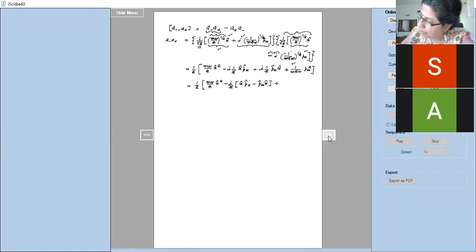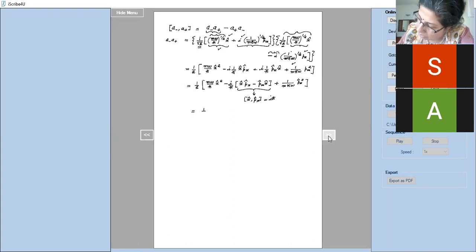Okay, and I'll get a plus 1 upon m h cross omega px square. Now you know what this is, right? This is nothing but the commutator between x and px, and this is equal to i h cross. So we are going to put i h cross over there.